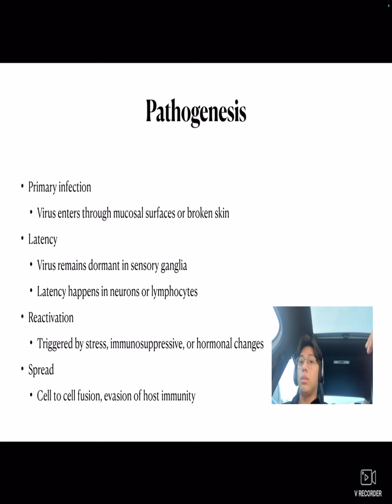I'll talk about that more, but they can hide and wait to be expressed. They also have reactivation, which can be triggered by stress, immunosuppression, or hormonal changes, and which then spreads by cell-cell fusion, and they also evade our immune system.